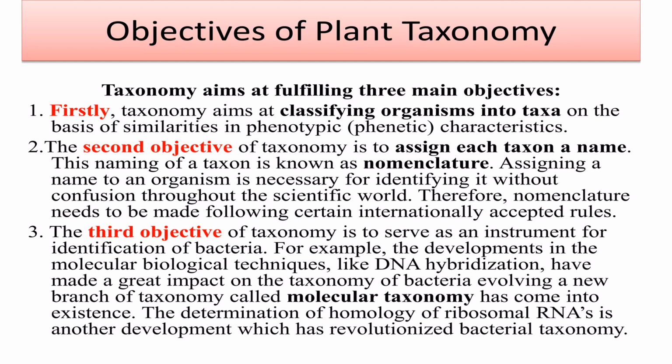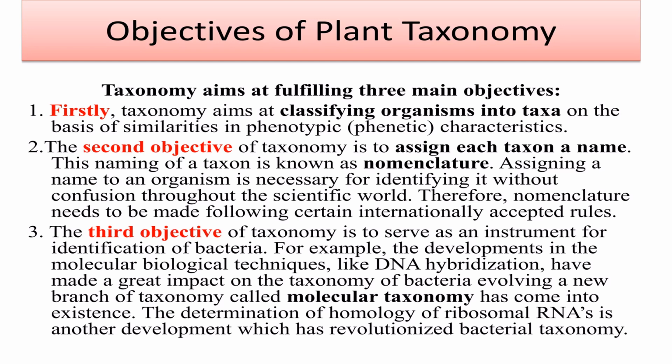So the second objective of taxonomy is to assign each taxon a name. Naming of a taxon is a very important feature. That process is called nomenclature. Assigning a name to an organism is necessary for identifying it without confusion throughout the scientific world.